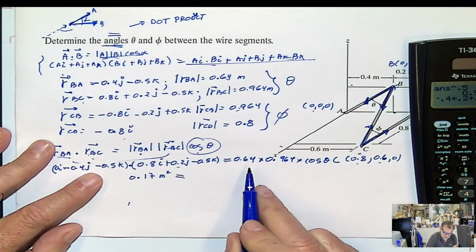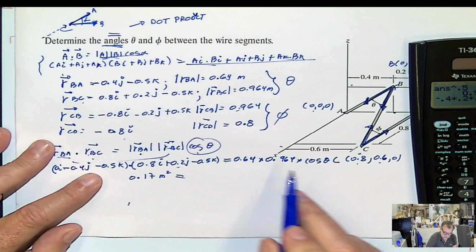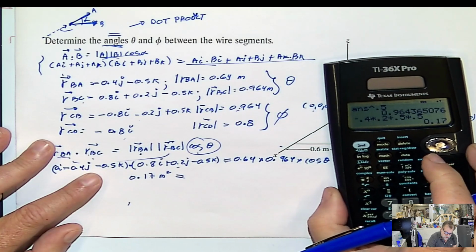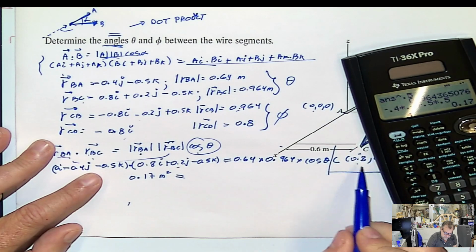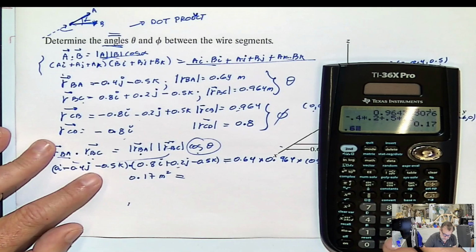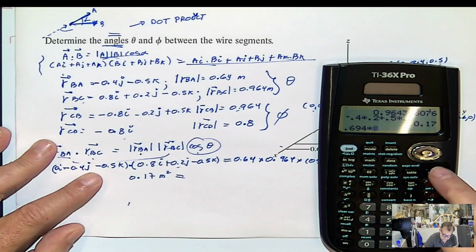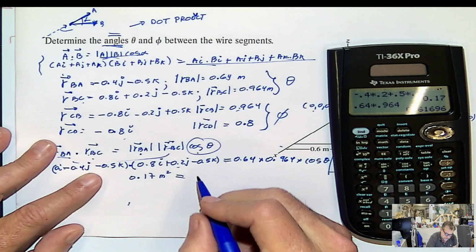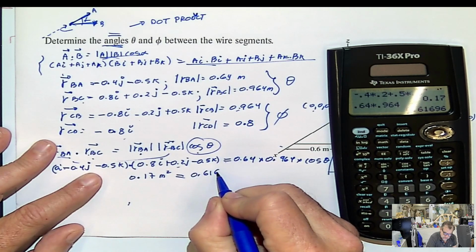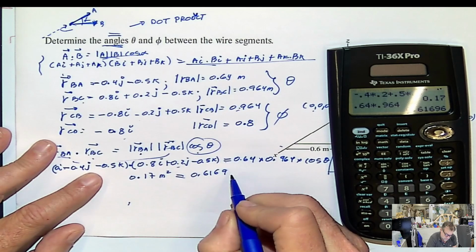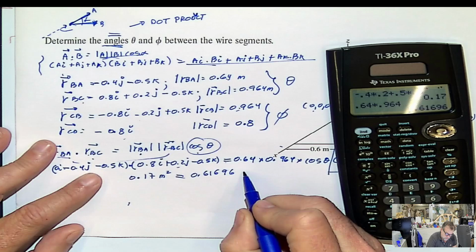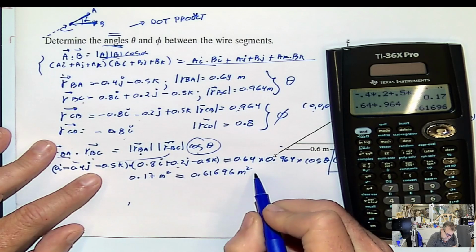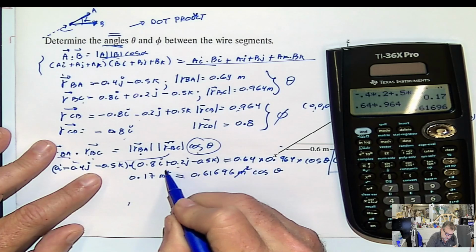Now let's work with the other side. These are meters also, and these are meters also. So that will be 0.64 times 0.964, that would be 0.617 meters squared, because this is meters, cosine of the angle, and these cancel out.